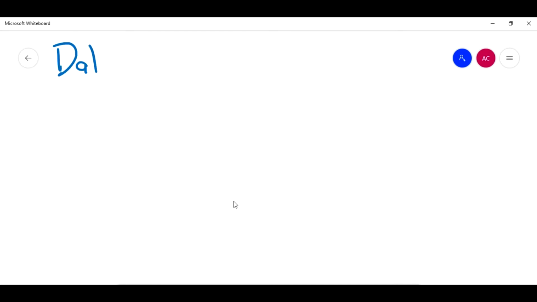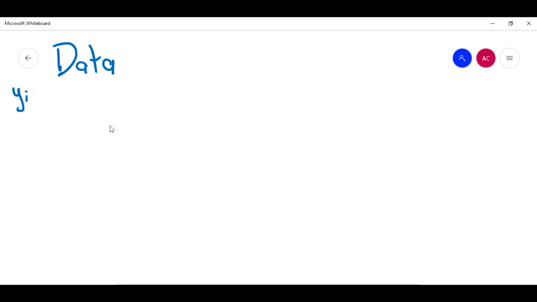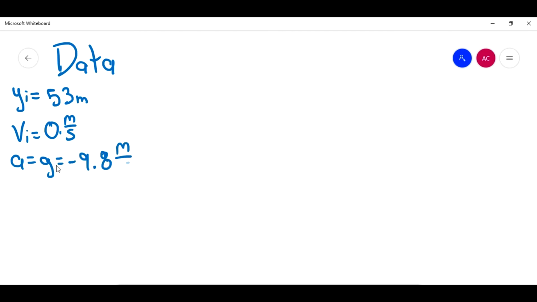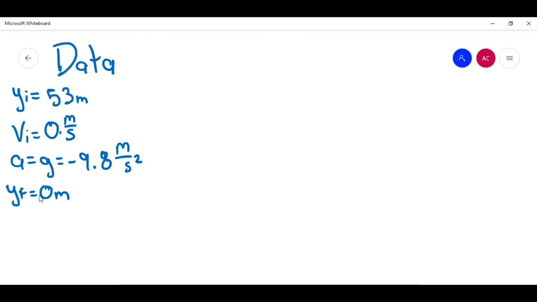Initial position is 53 meters. Initial velocity is 0 meters per second. Acceleration is the value of the gravity, that is minus 9.8 meters per second square. The final position is 0 meters. And I guess that's it.